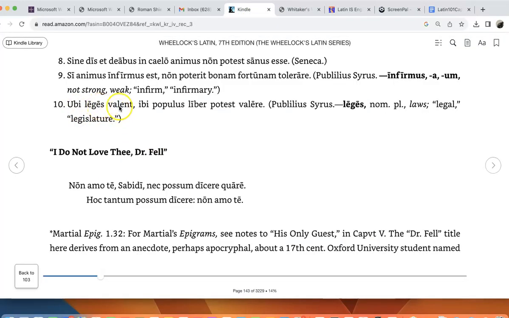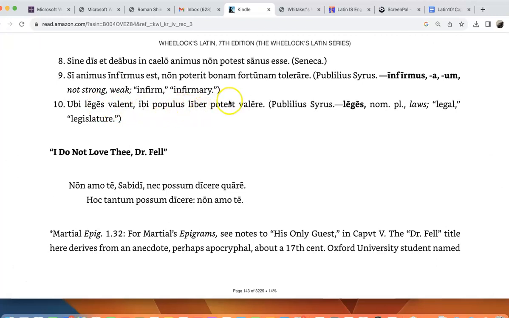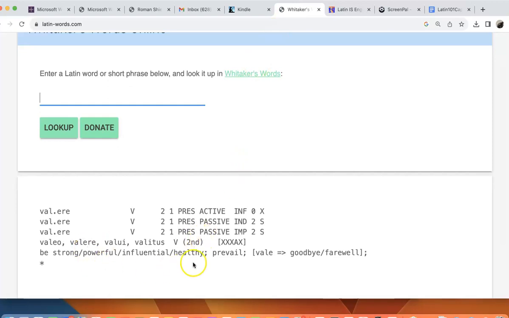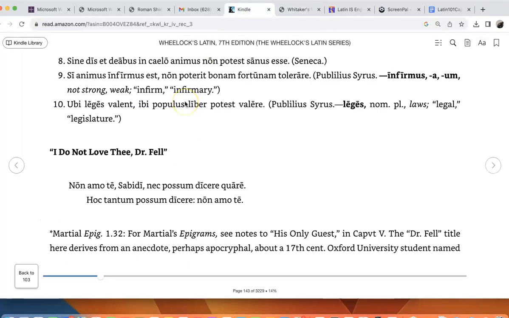Valere means to be well or to be strong. Strong, powerful, healthy. Again, I keep using well, but hopefully you agree that is a synonym or sensible translation of that.